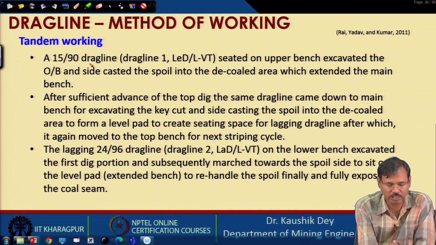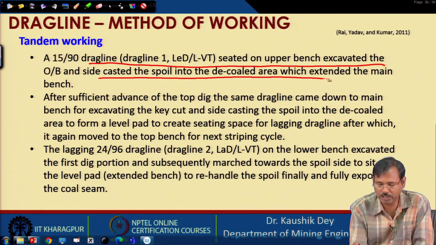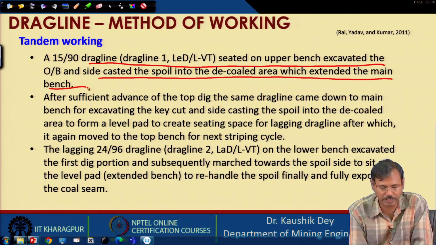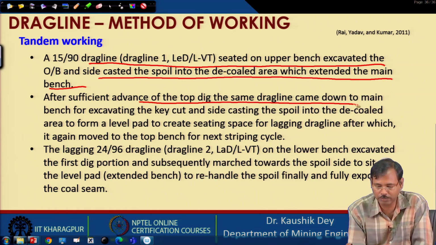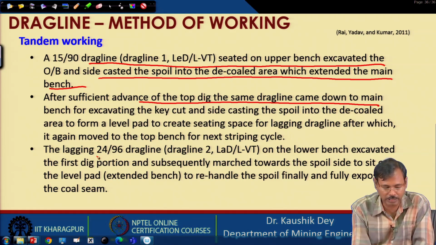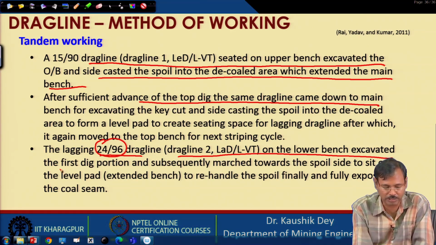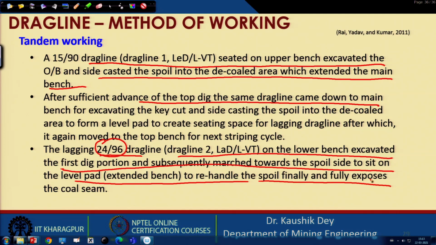The first drag line is seated on the upper bench and cuts the material in the decoaled area, which is established by the extended bench method. After sufficient advancement, the second drag line, which has a little bit larger capacity, is deployed on the lower bench on the excavated side, and the first dig operation and subsequent march towards the spoil side is carried out, finally fully exposing the coal seam.